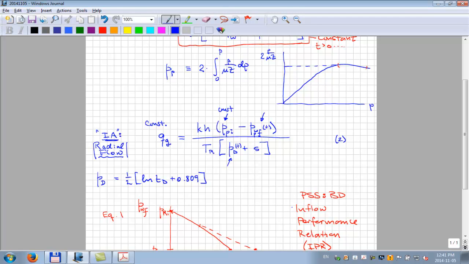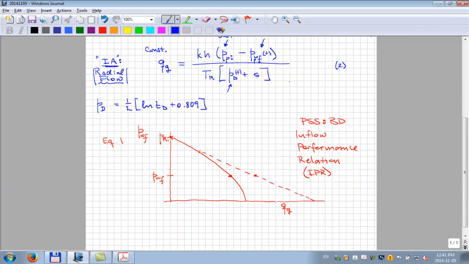Okay? But instead we get this deteriorating gas mobility. It deteriorates because of the PVT expansion, and it drops off like that, and this loss here, that's due to our PVT of gas.